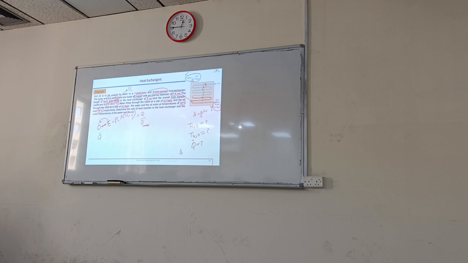Q max is equal to (m cp) minimum, whichever is minimum, times T_hi minus T_ci. It's not a simple delta T; it's T_hi minus T_ci, the maximum delta T.